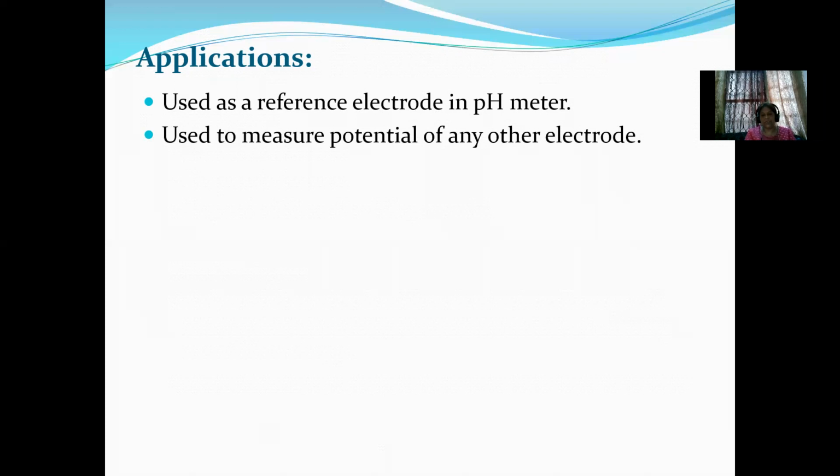It is also used to measure the potential of any other electrode. If you combine a calomel electrode with a zinc electrode, you can calculate the potential of the zinc electrode, the copper electrode, iron electrode, any kind of electrode. You can measure the electrode potential by using the calomel electrode.